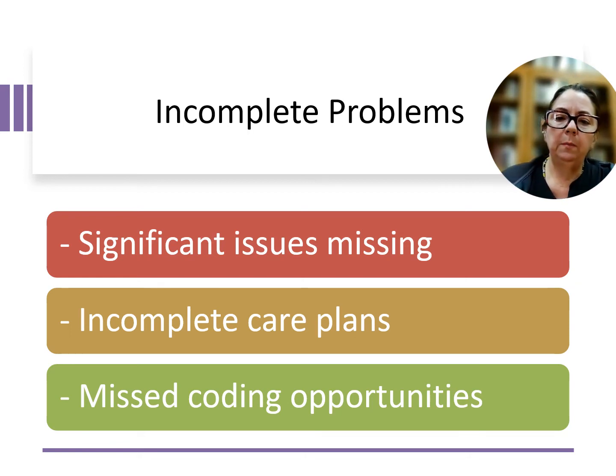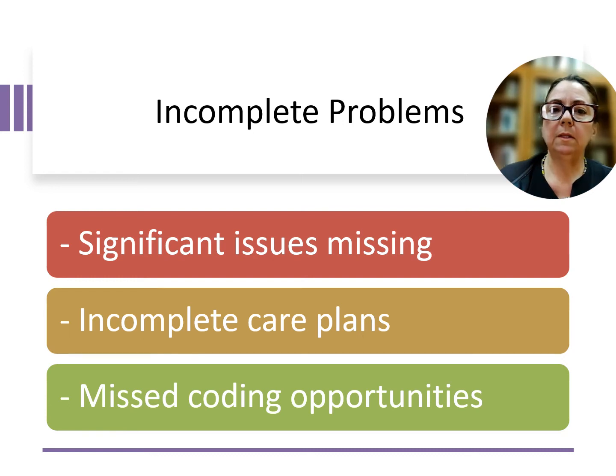And then incomplete problems, such as significant issues missing or incomplete care plans, for example, a failure to list chronic kidney disease in a patient with a history of diabetes and hypertension, if it is there. Omitting significant health issues can result in incomplete care plans and missed management opportunities.